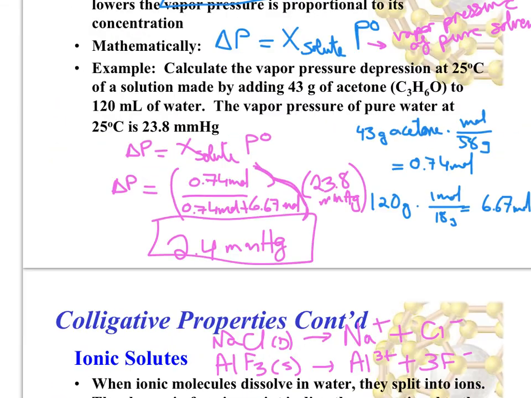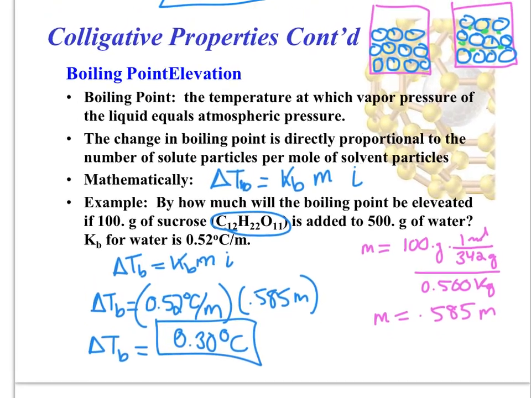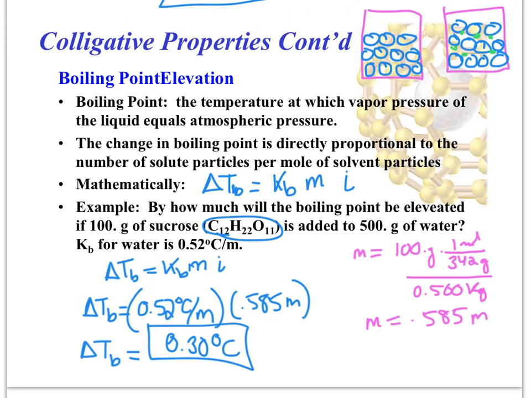An application for the boiling point for this one here, if you ever make pasta, a lot of people salt their water for 2 reasons. First, your pasta tastes better when you salt it, but then also it makes your pasta cook faster. The reason is because if you put salt in water, then that elevates the boiling point.